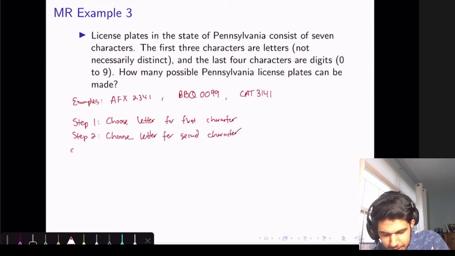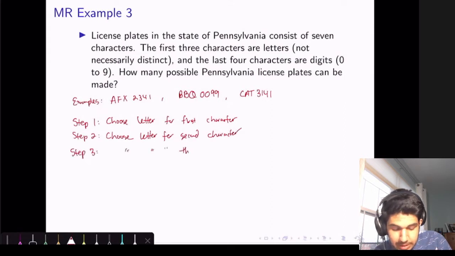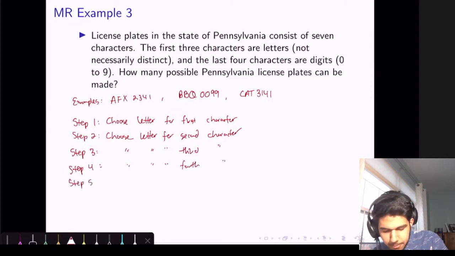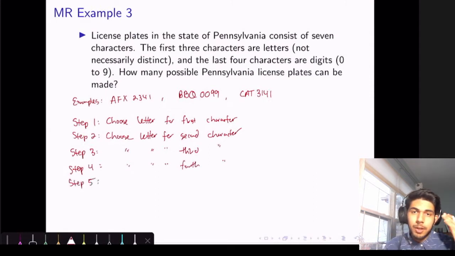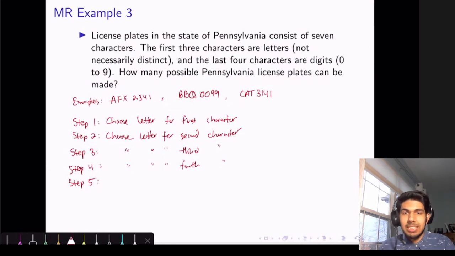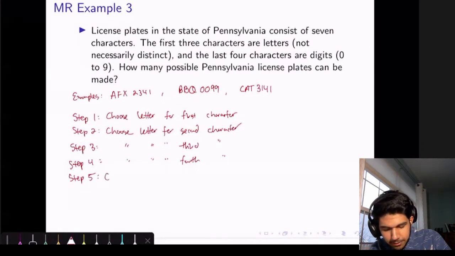And then we can repeat that process for steps 3 and 4 because we need to have 4 letters, right? That's the thing that we're given. And then what happens in step 5? Then we move on to digits, right? So that's a little bit different. So let's specify that.